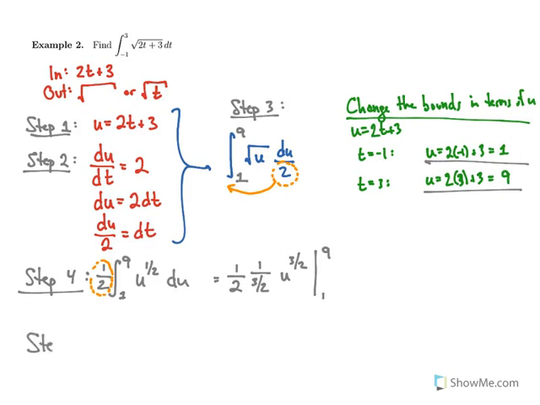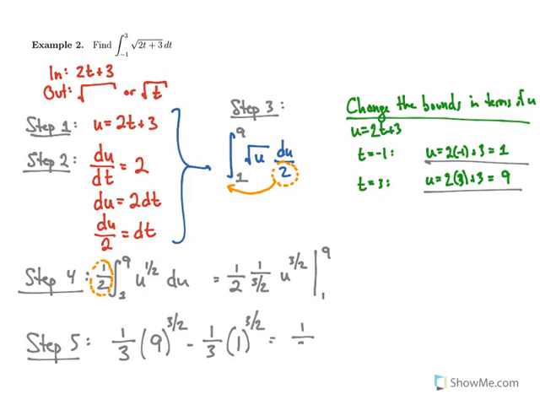So step 5 is actually do the evaluation. Note that 1/2 times 1/3 is going to be the same as 1/3. And we're going to have a 9 to the 3/2 minus 1 to the 3/2.